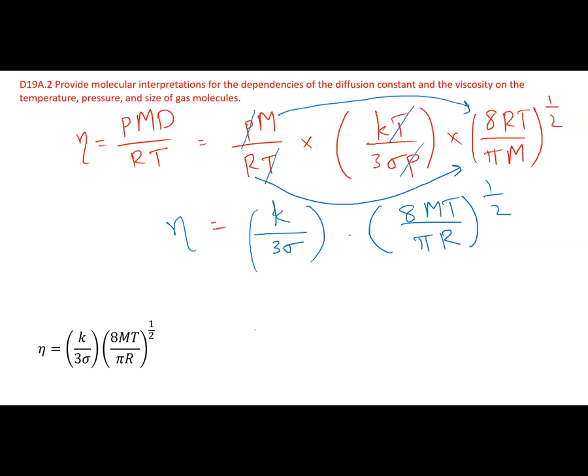If you look at this equation, eta is directly proportional to T power half, and eta is also directly proportional to M power half, that is molar mass power half. And of course, there is no pressure term in this equation, so eta is independent of pressure.